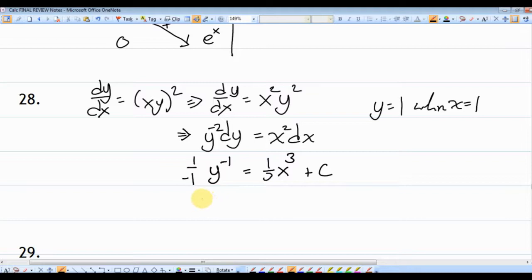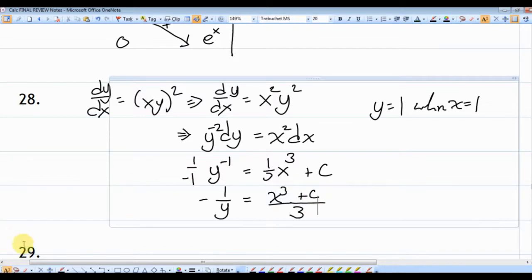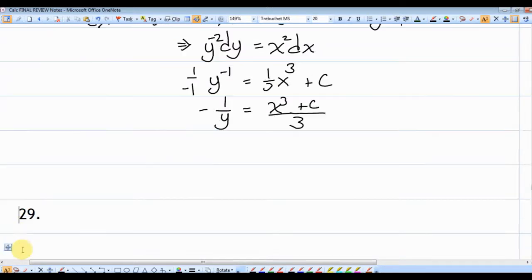You're right. C divided by 3 is the same thing as C, right? Yes. Good. And then now we can take the reciprocal and multiply by negative 1.